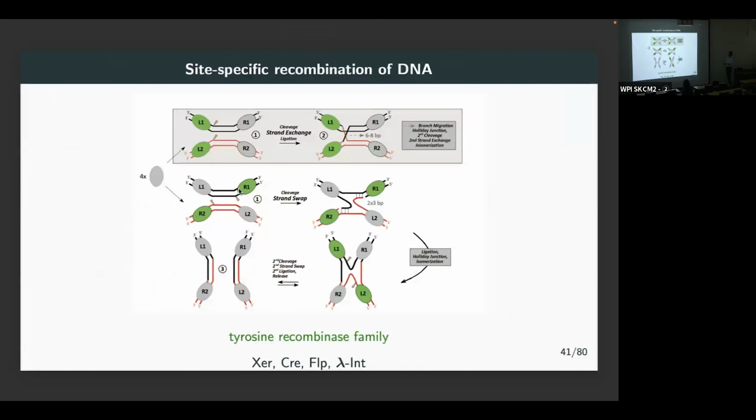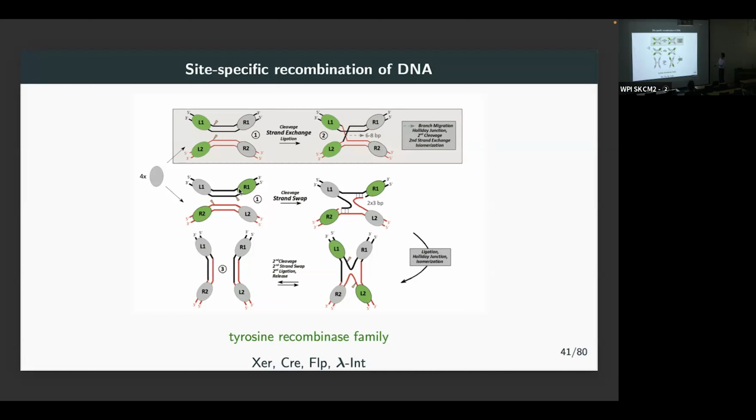So this is a brief introduction to site-specific recombination of DNA. The enzyme will grab some part of the DNA. So here you see just a part of the double-stranded DNA here and there. The enzyme grabs two parts of double-stranded DNA here and does the recombination as in this picture.